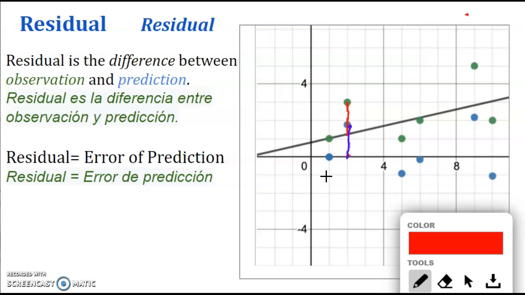Here is a green point, and from my line of best fit, it's going down. That means the residual is going to be negative. So it is like 1 whole unit below. That is the reason that my blue point, which represents the residual, is 1 unit below.